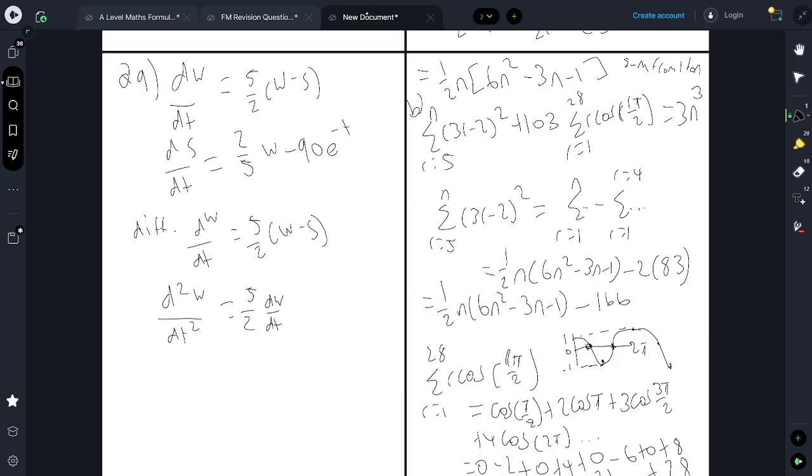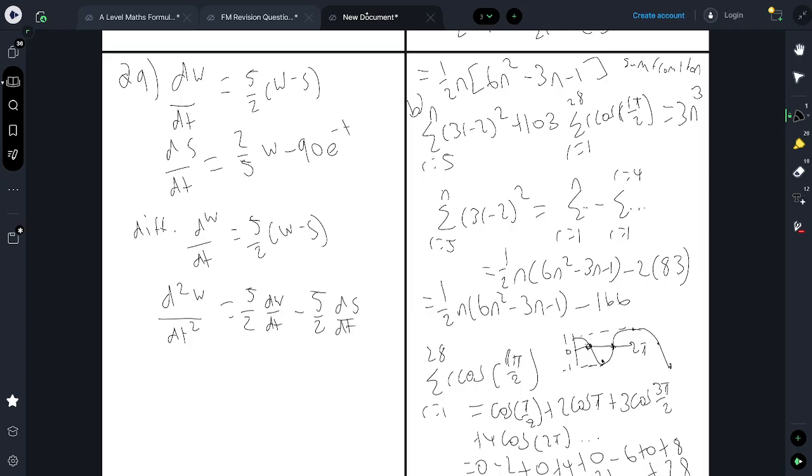If that helps you understand why it's dt here, not just 1 to differentiate w. W and s are functions of t, so we just do the first derivative. And likewise, this will be minus 5 over 2 ds by dt, a function of t.